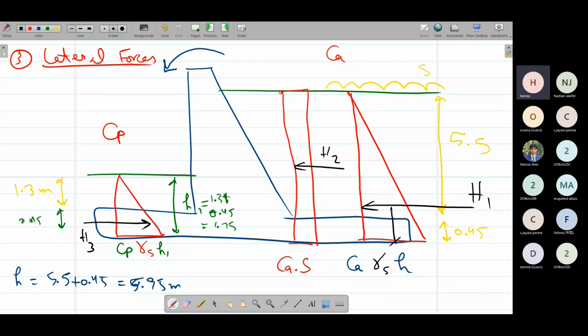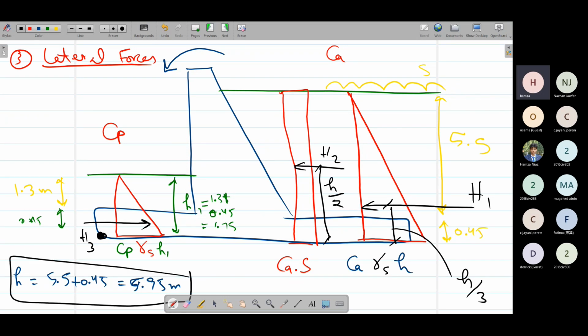So for H1, from the bottom of the toe, its moment arm would be simply H by 3, because it's triangular. And for this H2, its moment arm would be simply H over 2, where we have H as 5.95 meters.